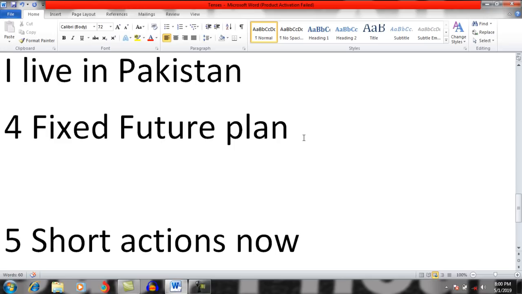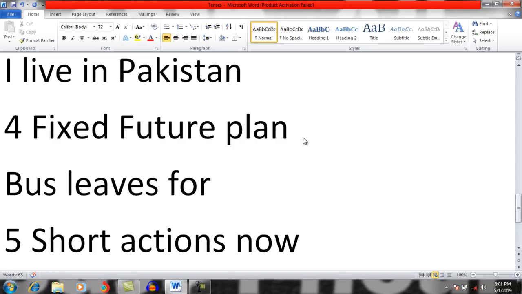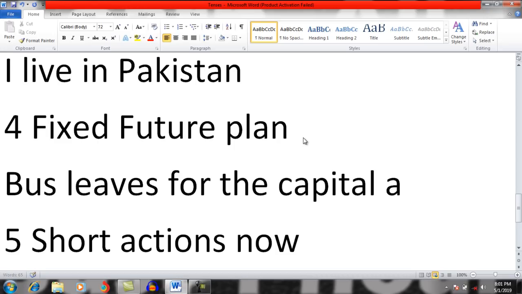For example, the bus leaves for the capital at 3 p.m. It means that now this is fixed. The timing of the bus is fixed on a daily basis. The bus leaves for the capital at 3 p.m. So for a fixed future plan, we also use present simple.